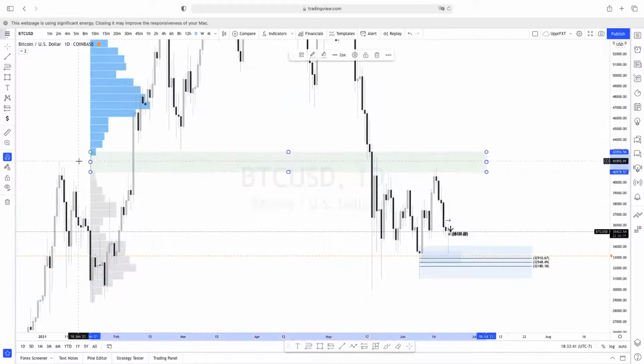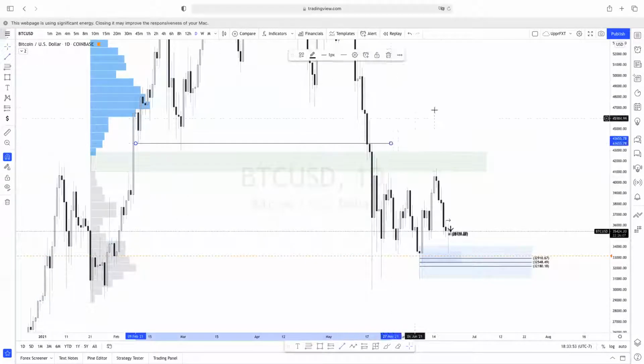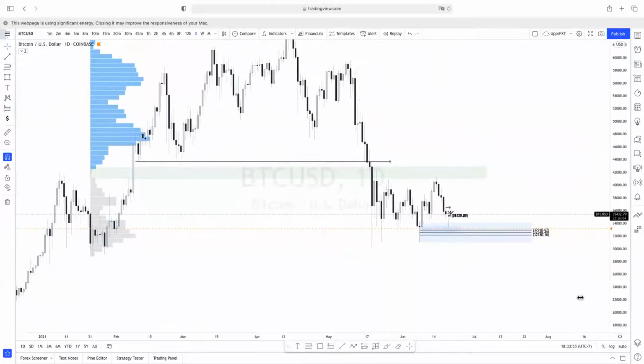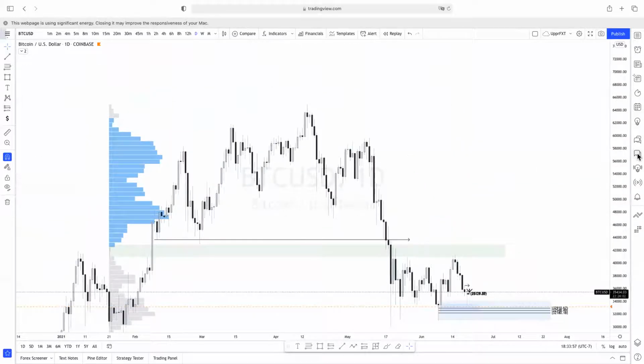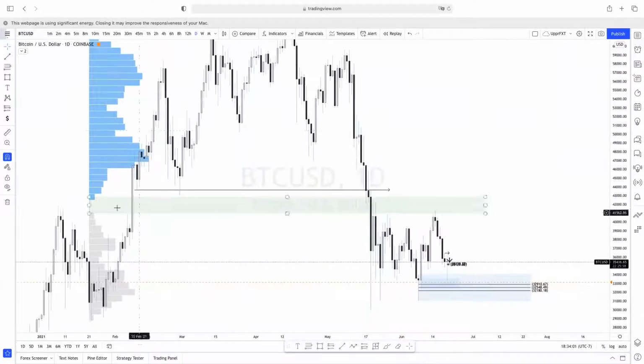So you have low volume, literally almost no volume in this area. You have an imbalance, price moved too fast. What else do you have? Liquidity, equal lows. So if you were selling from up here and you understood these concepts, you could have targeted this area. And this is just on the daily.